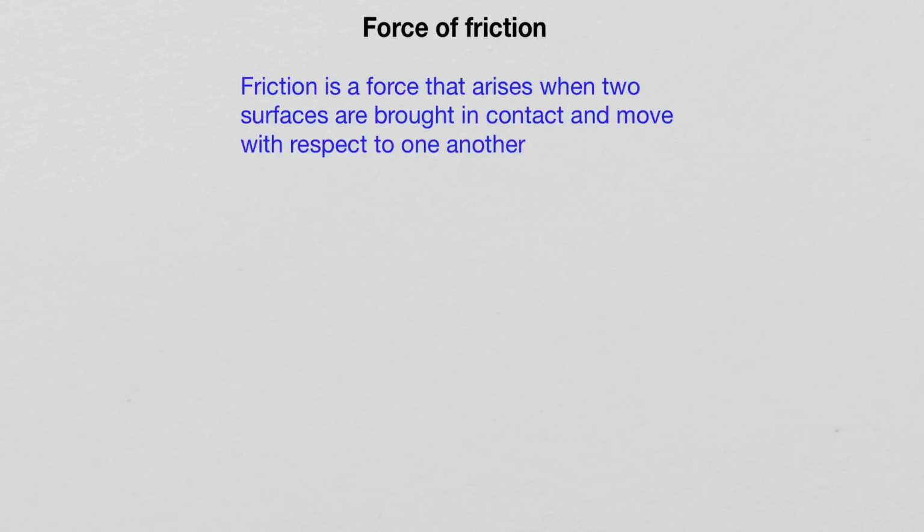The next force that I want to discuss is the force of friction. Friction is a force that arises when two surfaces are brought in contact and move with respect to one another.